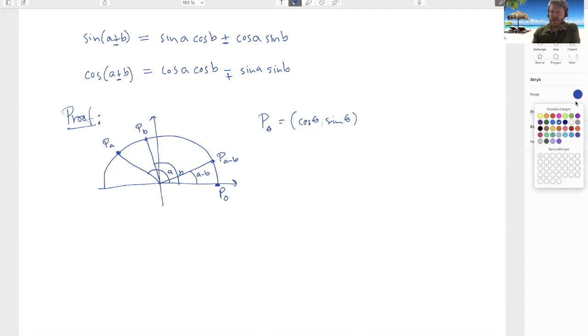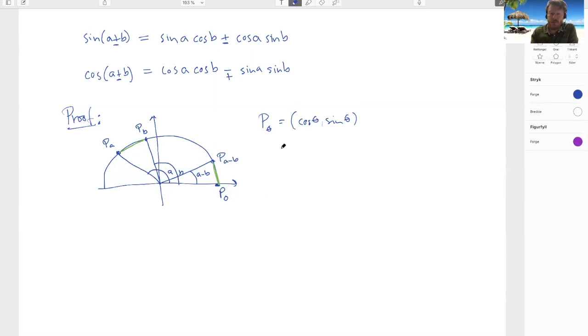So what happens next in this proof? Well, what happens next is that I equate the 2 things here that are equal and interesting. So it's the distance between these 2 guys and the distance here. They are equal because the angle here is the same as the angle here.